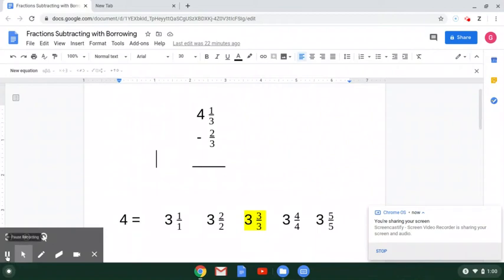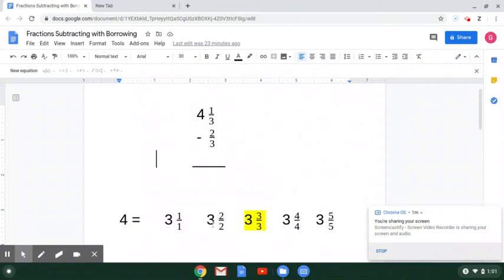Well, first, we remember that we can express the number 4 in many different ways. We can express it as 3 and 1/1, which is the same as 3 plus 1, which is 4.